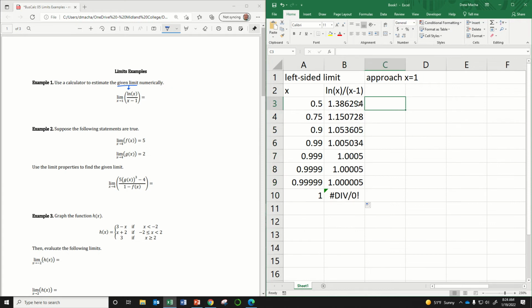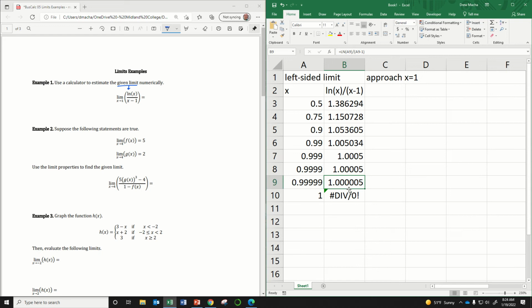And what we can see now is that if I click on any one of these cells, it changes the reference, so on this row, it's referencing the 0.99999. And as we approach 1 from the left side, these values are going from 1.38 to 1.15 to 1.05, and so on, and they're getting closer and closer to the number 1.